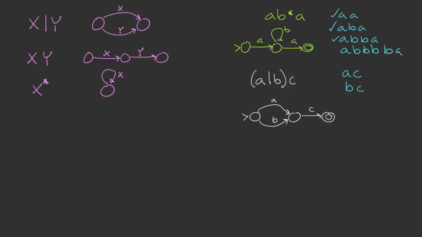So we'll see that this works here. We'll try the AC first. So we start at our starting state. We follow the edge for A, and then follow the next edge for C. We end up in our accepting state. So this one works. And then likewise for BC, we just follow the bottom edge down here, and then C. So we know that that one works as well.